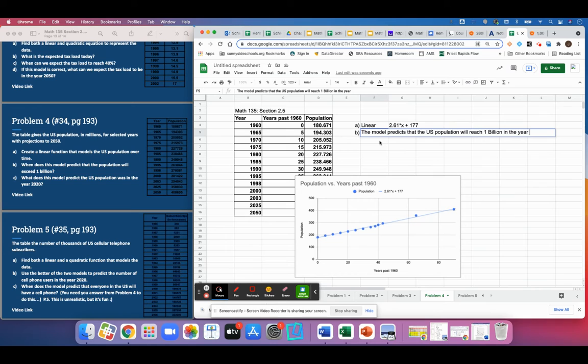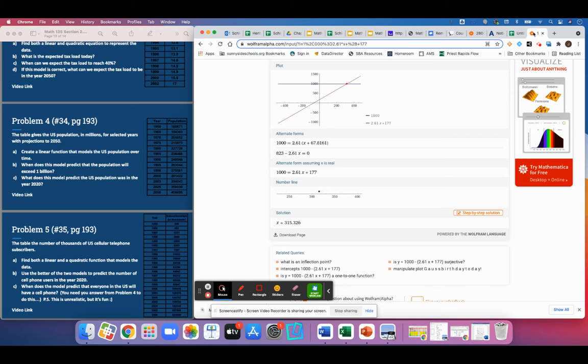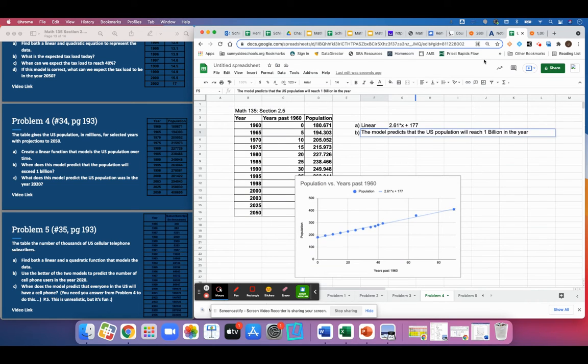So I don't even know what that is. 300 is 22. What did I say? 315? What, 2275? The year 2275 is when we can expect to see a population of 1 billion. I don't think I'll be here to see that happen, but that's what the model predicts.